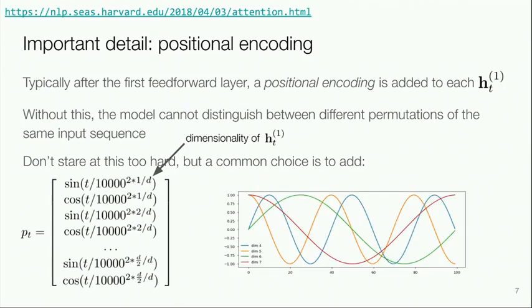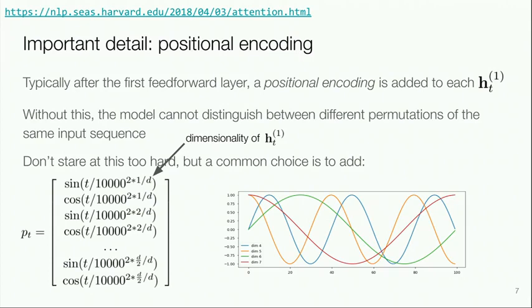Here's a couple of dimensions of what this positional encoding PT actually looks like. We can see that at any particular time step, we're going to get a different combination of these sine, cosine values that tells us some information about what time step we're currently at. And the basic idea is that it also tells you a little bit about relative positionings. Because we have different frequencies in these sines and cosines, some of these will oscillate very quickly.